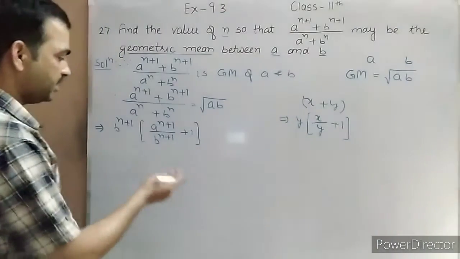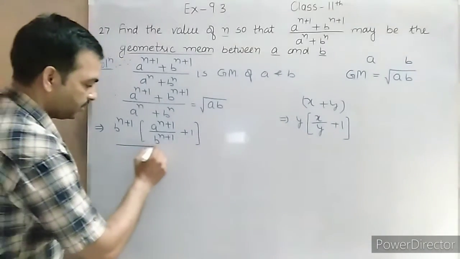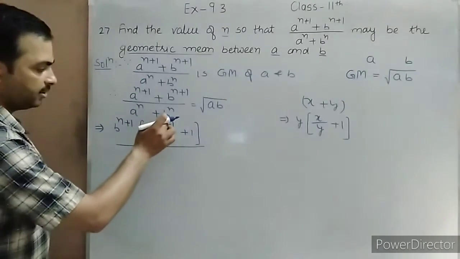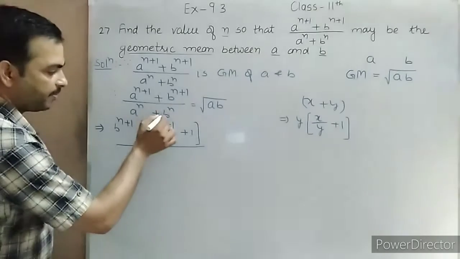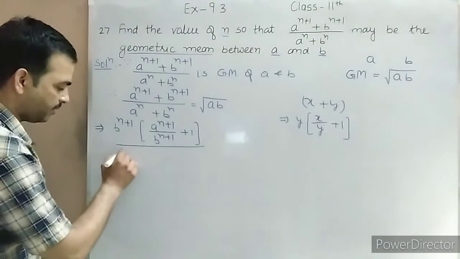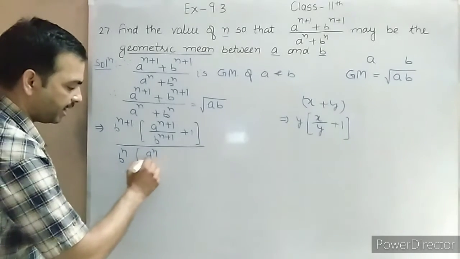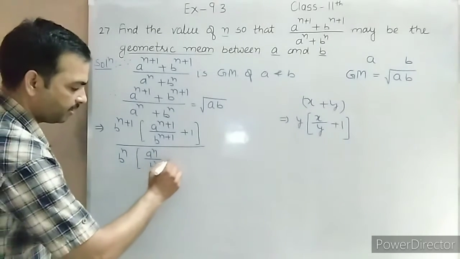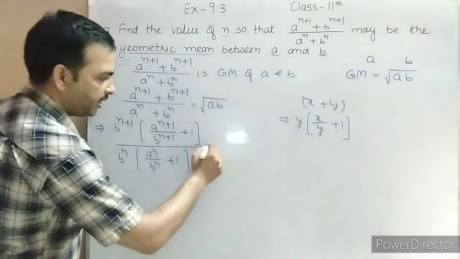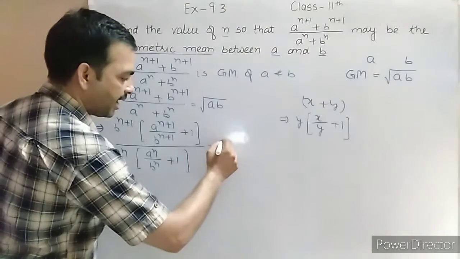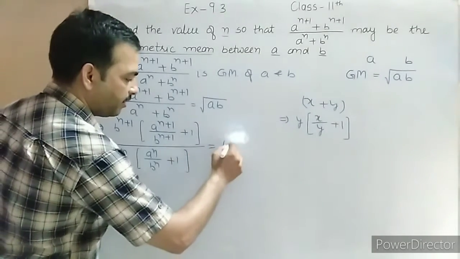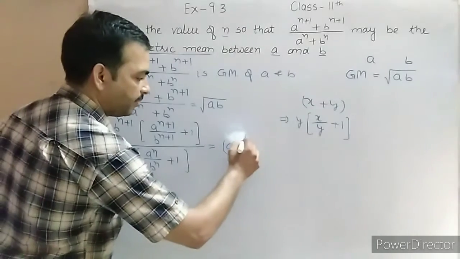Using this, in the denominator I can take b^n as common, and within the bracket we get (a/b)^n plus 1. It is equal to (ab)^(1/2).